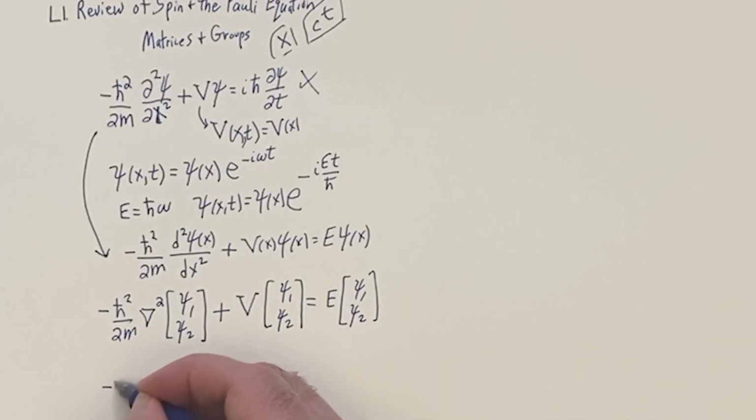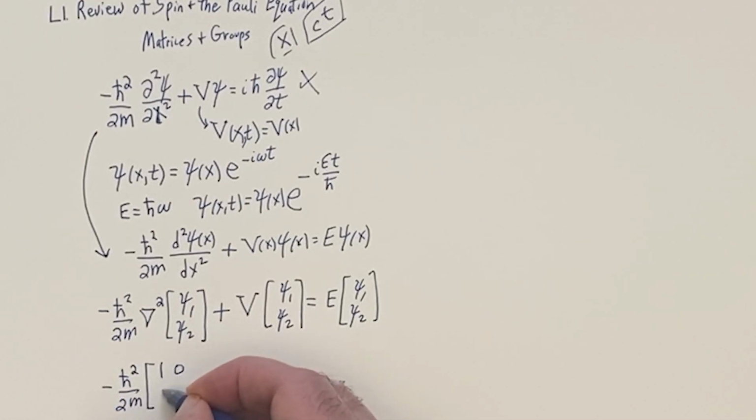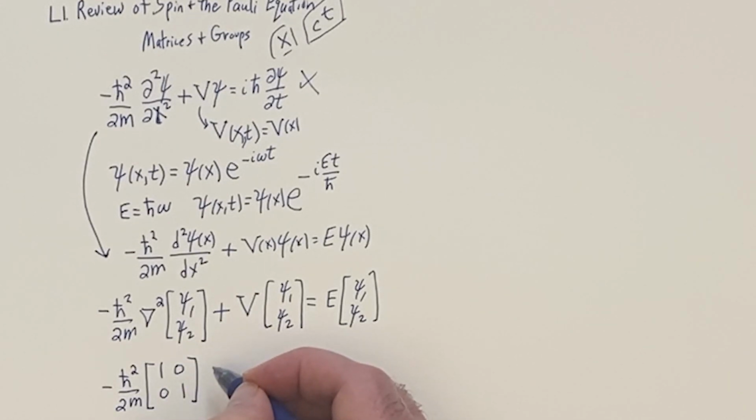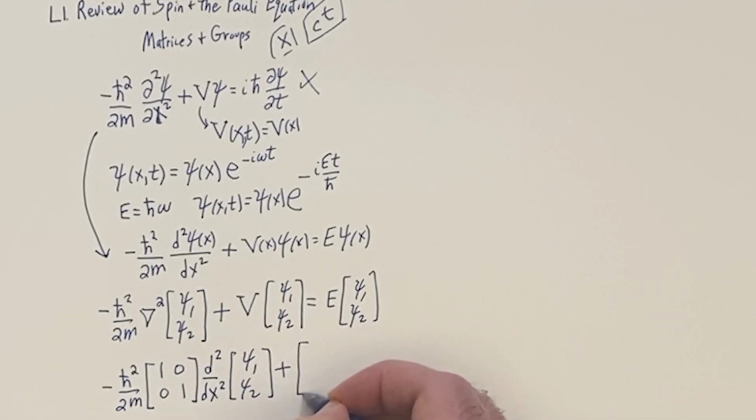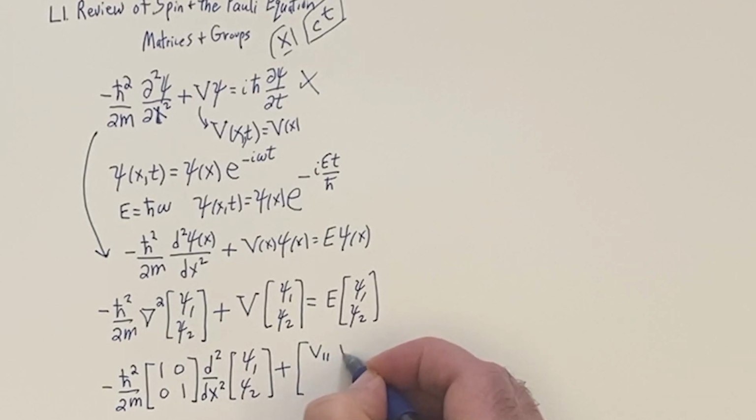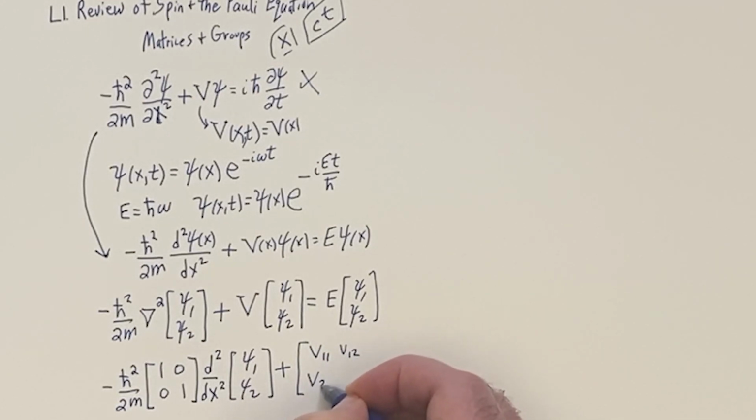Then to write this out as a full matrix equation, it's understood here that you would have the identity matrix. And let's drop down to 1 dimension here. So we'll have the second derivative like there. And then for this V, we have a matrix.